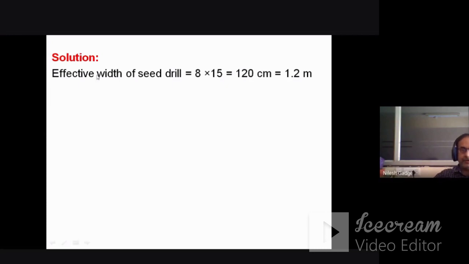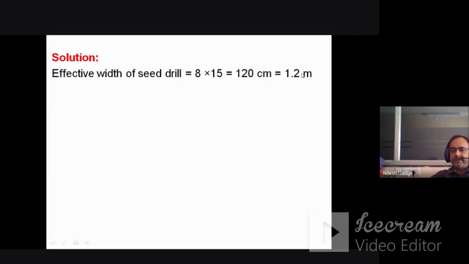This effective means the total width of the seed drill, which is W. It is calculated by the number of furrow openers. Number of furrow openers is 8, multiplied by 15. What is 15? Spacing. 15 centimeter is the spacing between two furrow openers. So effective width will be 8 multiplied by 15 is equal to 120 centimeter.